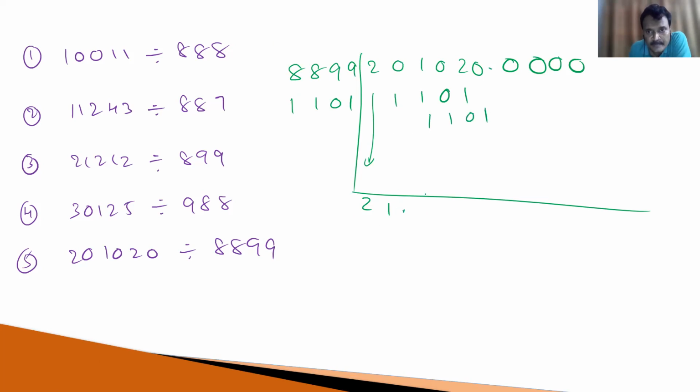Put a decimal here. This is 33303. So 21.34 is the answer. Is it clear now? Mistakes: 22.58, 22.58, 22.57. All are mistakes. 21.34 is the answer. Is it clear, all of you? Yes, sir.